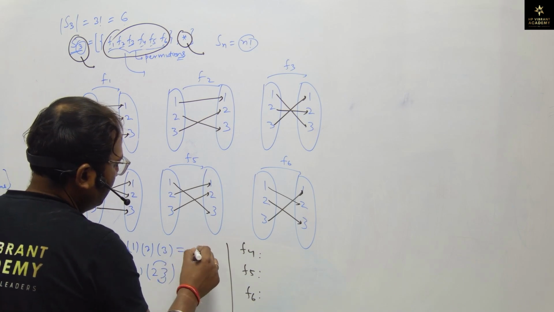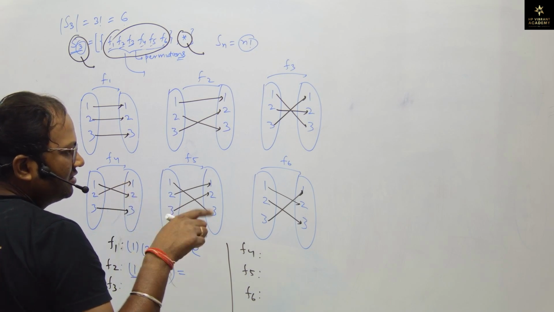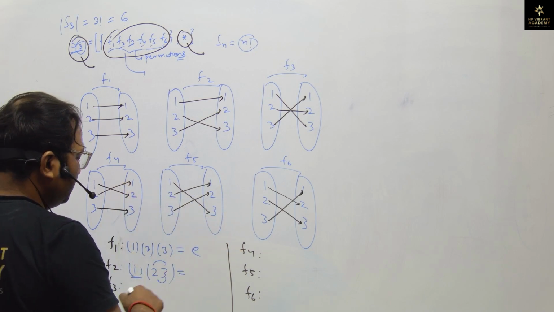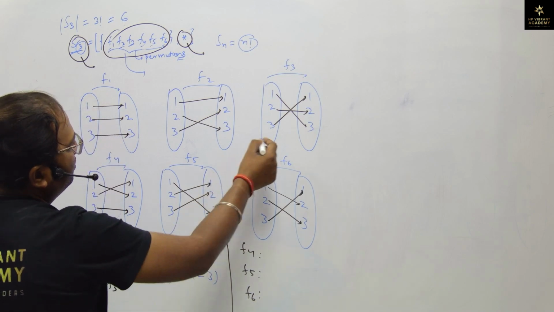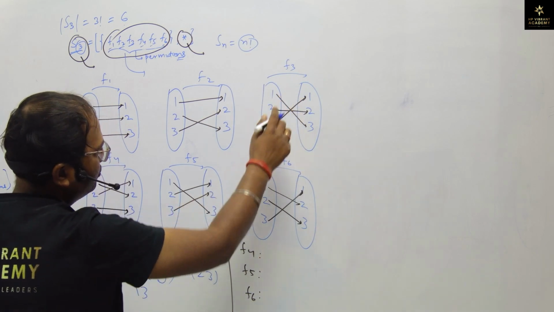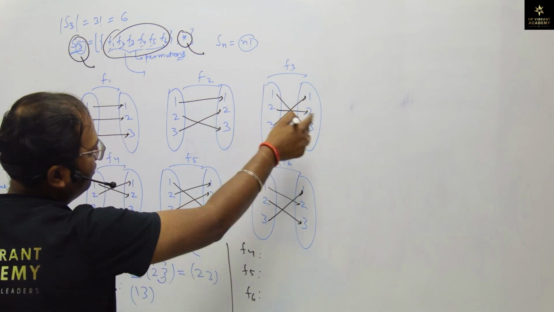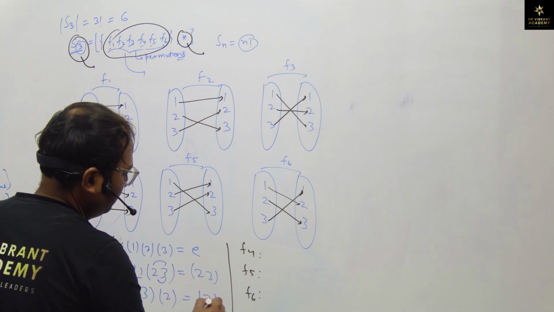So F1 is nothing but the identity element. A cycle with a single element is immaterial. So F2 is (2 3). In F3 we have 1 goes to 3 and 3 goes to 1, closed, and 2 goes to 2. So this is nothing but (1 3).